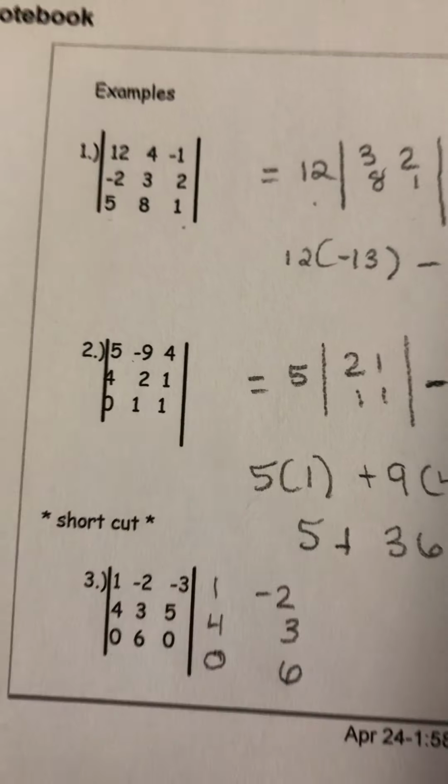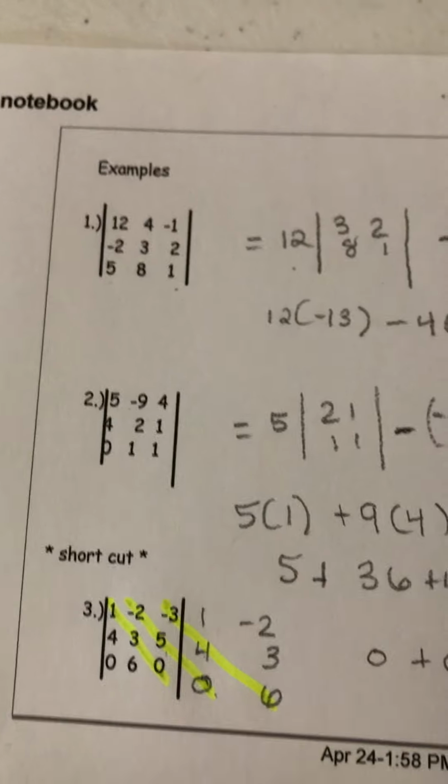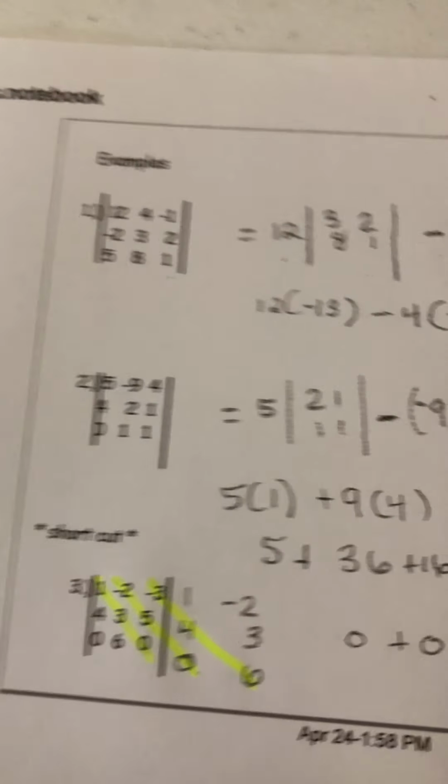Well, 1 times 3 times 0 is 0. -2 times 5 times 0 is 0. And see, -3 times 4 is -12 times 6 is -72. So that's -72. And then I go back the other way.